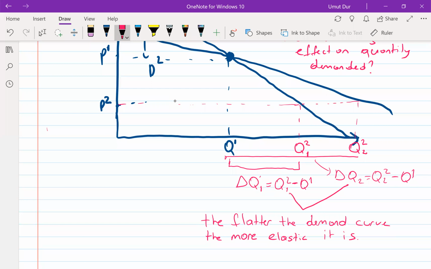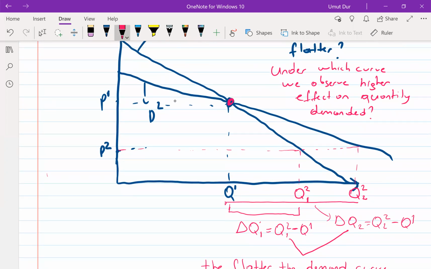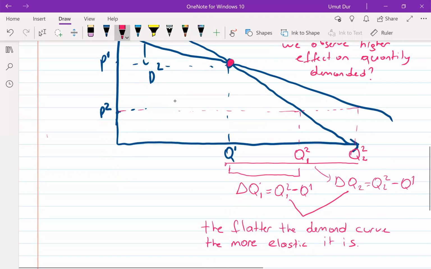Exactly. So that is the key point here. They are intersecting at this point, and we are looking for the demand elasticity at that point. Elasticity is basically how much quantity is affected. If the quantity demanded is affected more, it means it is more elastic. Here, the flatter the curve, the more affected we observe, which means it will be more elastic.